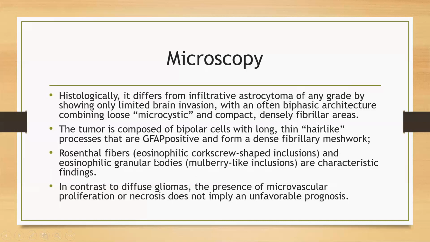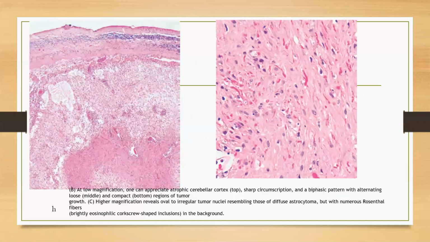What do you mean by Rosenthal fiber? Rosenthal fiber means an eosinophilic cork-shaped inclusion. Eosinophilic granular bodies means mulberry-like inclusions. In contrast to diffuse glioma, the presence of microvascular proliferation or necrosis doesn't imply an unfavorable prognosis.